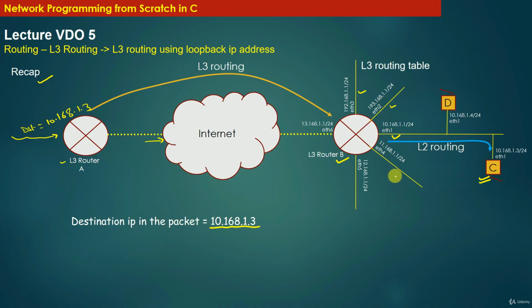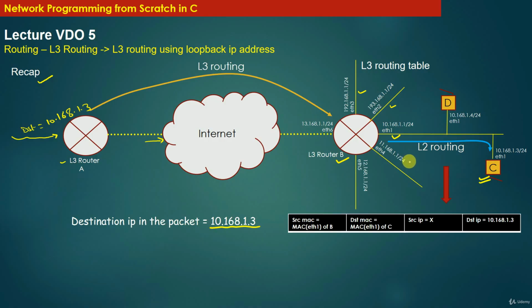So when the packet leaves router B, the source MAC address, destination MAC address, source IP and destination IP address in the packet look somewhat like this. The source MAC address in the packet will be equal to the MAC address of the Ethernet 1 interface of router B, and the destination MAC address will be the MAC address of the host machine C, which is the destination of the packet.